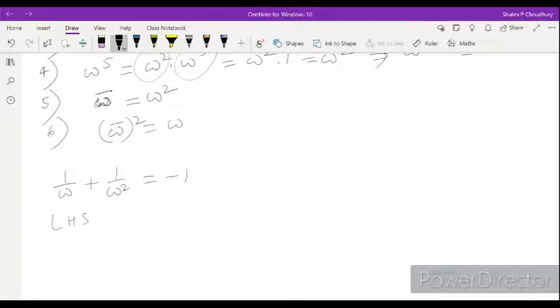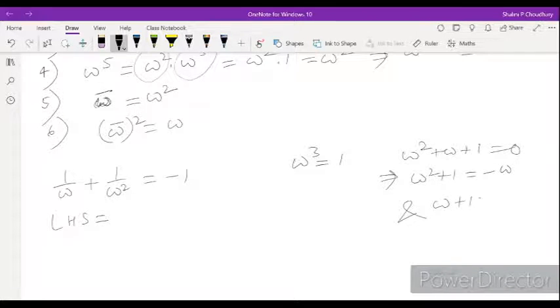Since we know that omega cube is equal to 1, and omega square plus omega plus 1 is equal to 0, it means 1 plus omega square will be equal to minus omega, and omega plus 1 will be equal to minus omega square.